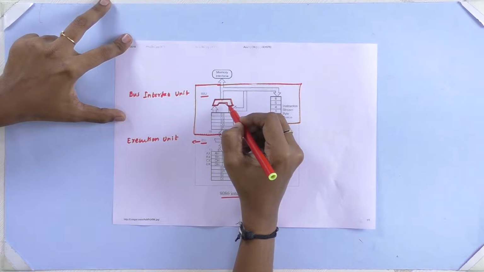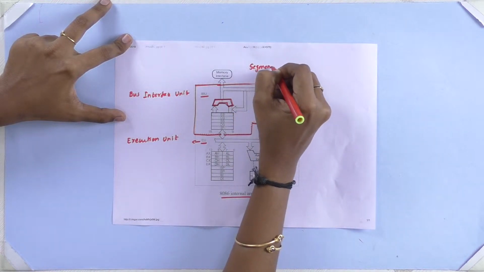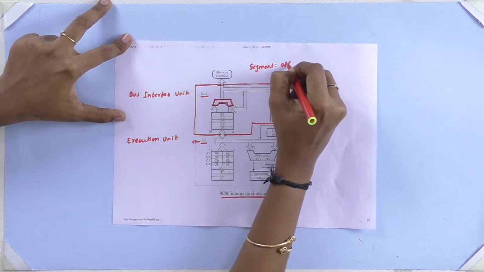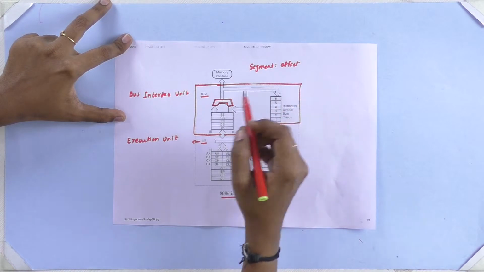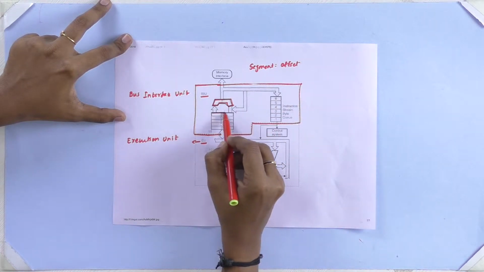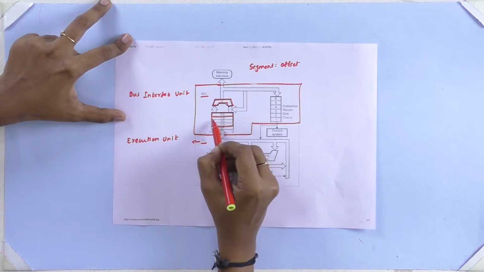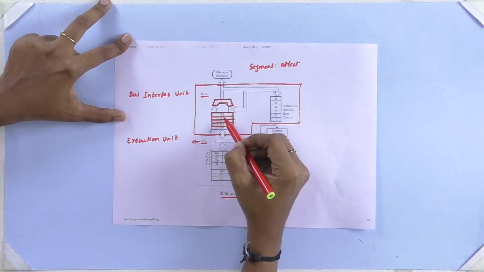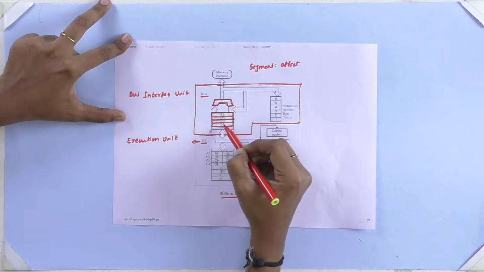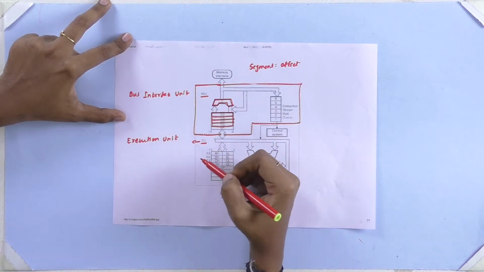This logical address is of the form segment address to offset address. These segment address and offset addresses are obtained from four types of segments: ES, CS, SS, DS, that is extra segment, code segment, stack segment and data segment, and we have discussed these segment registers in the last session.